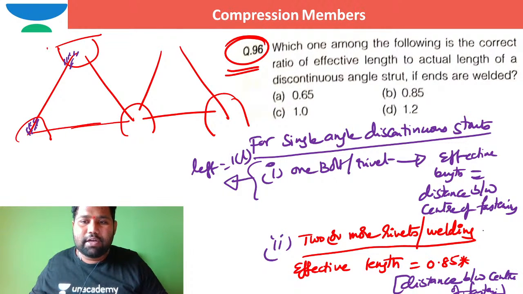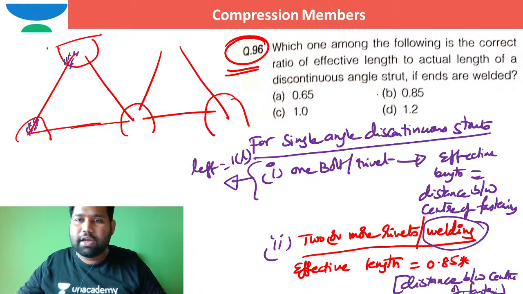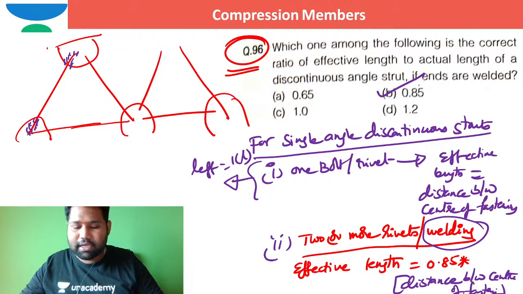This applies to more welds in the case of welding. So directly you can pick option B as the correct option.